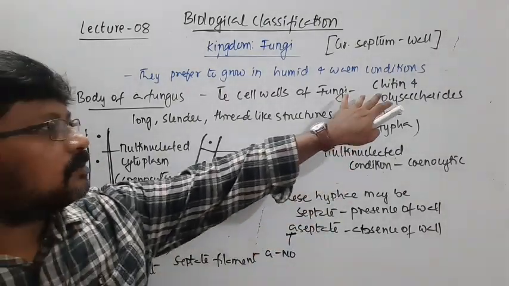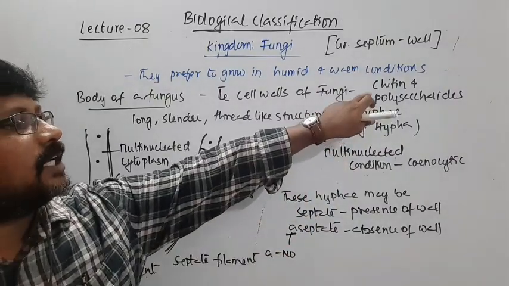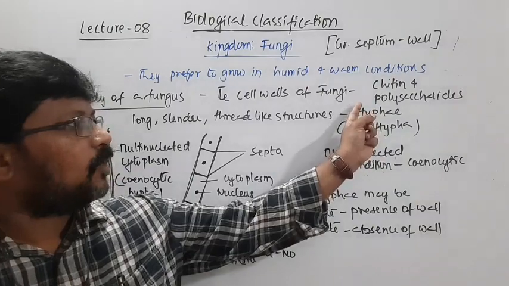So just keep in mind that polysaccharides are carbohydrates. And chitin, we'll see what it is made up of in our coming sessions. So that's the cell walls of fungi, composed of chitin and polysaccharides.